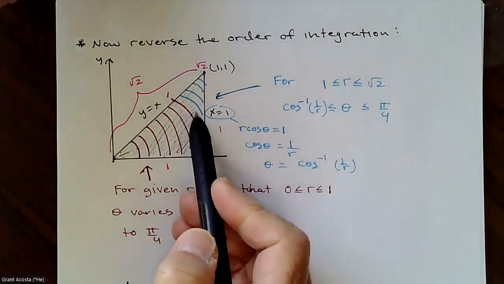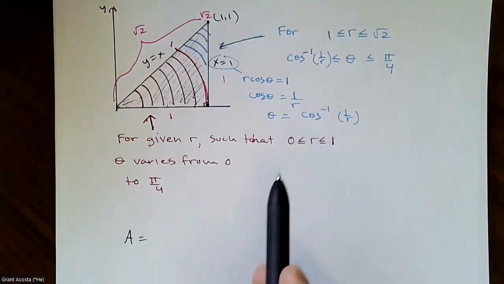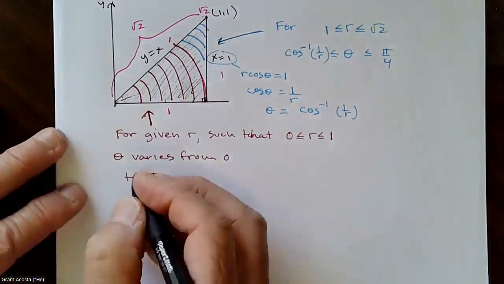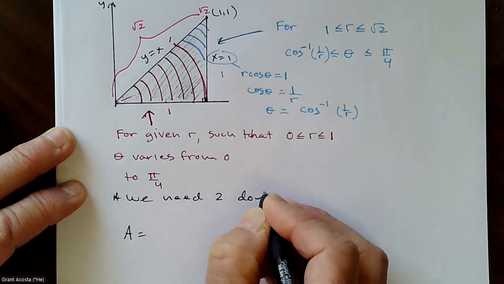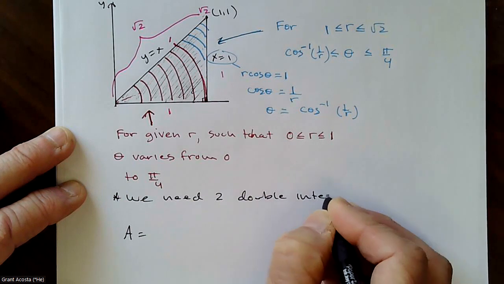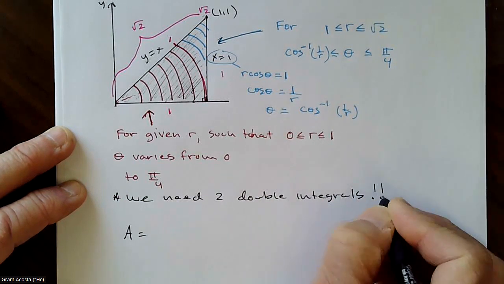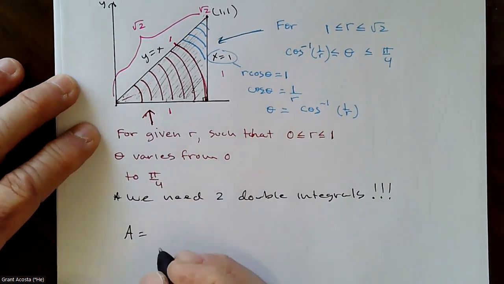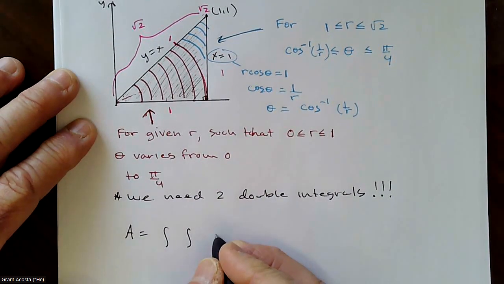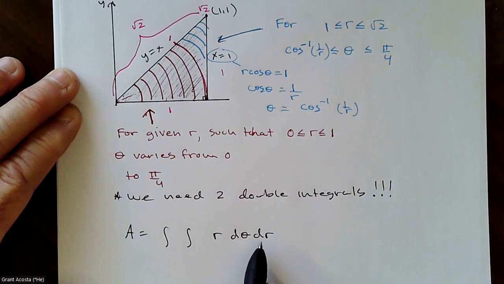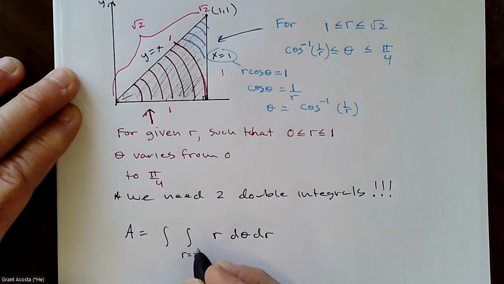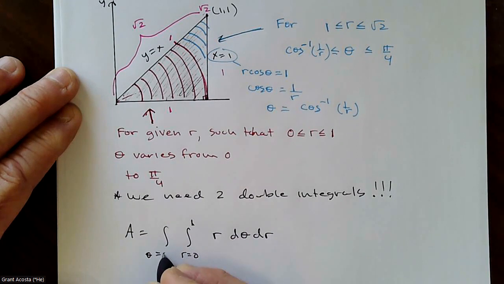So the bottom line is, because theta's bounds are different depending on what r is, we're going to need two double integrals to describe this area. The r can still stay out in front, but we're doing d theta dr. For the first one, if r varies from 0 to 1, theta will go from 0 to pi over 4.